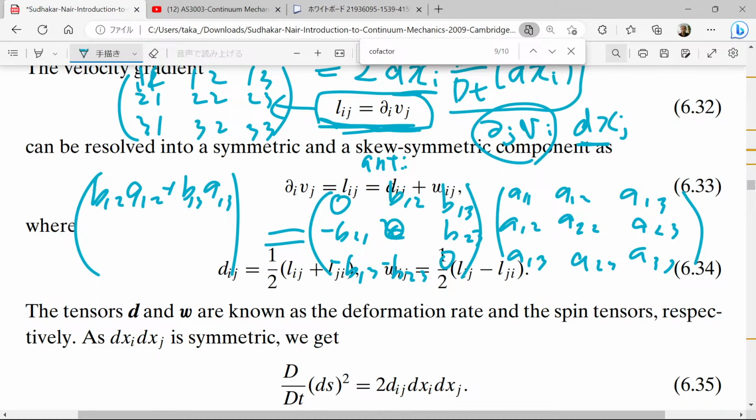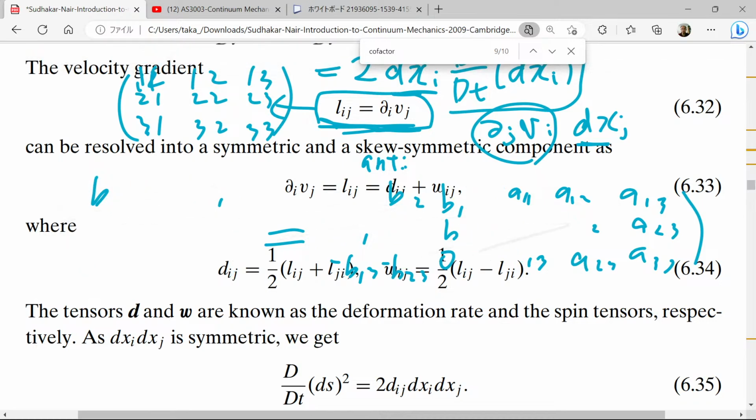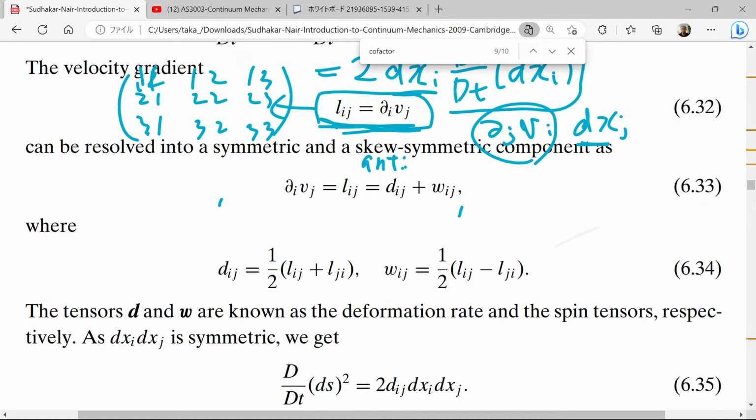I think this is not matrix multiplication. I'm sorry. This is a little bit confusing. This is not matrix multiplication. You can see because ii jj.